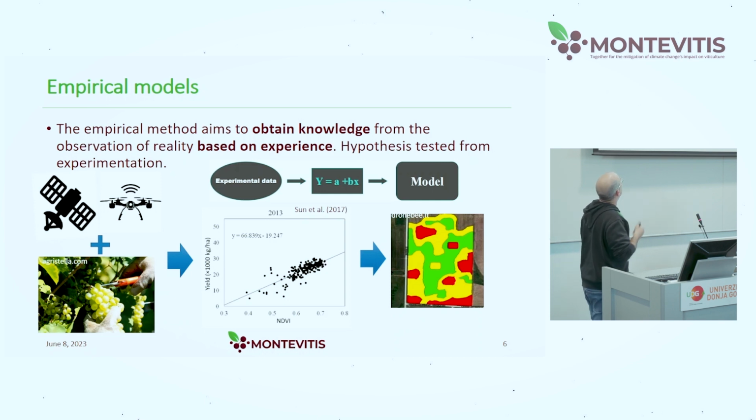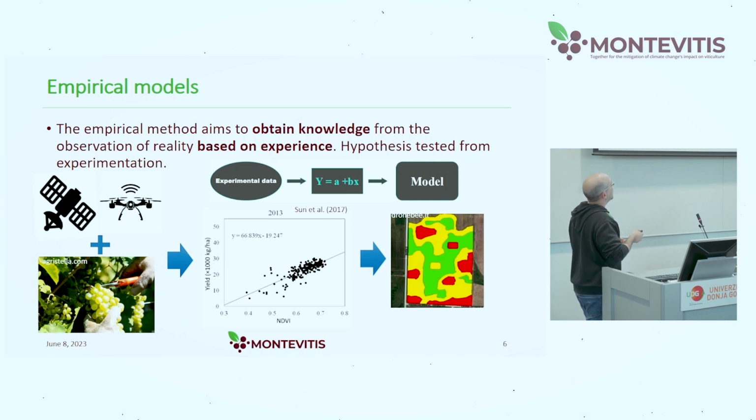For example, if we use remote sensing data that can come from satellites or drones, together with the production of the grape, we can establish a relation between both of them, the yield and, for example, a derived vegetation index from the remote sensing data, and we can obtain the difference inside the vineyard in terms of yield.